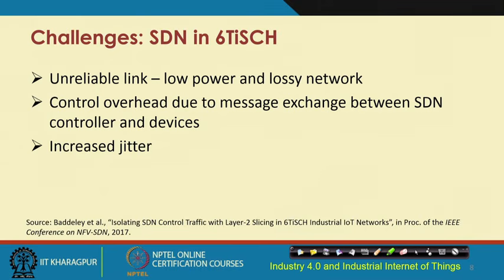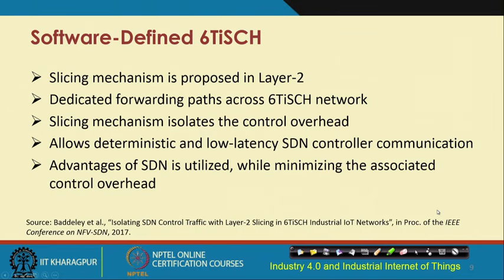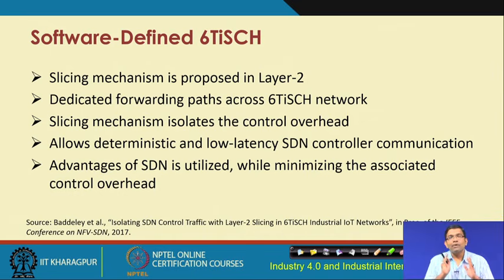For this, a slicing mechanism has been proposed, and in this particular slicing mechanism we are talking about different time slices or time slots, and having certain devices, the end devices, edge devices, share certain time slots, while the other time slots will be given to the controller.